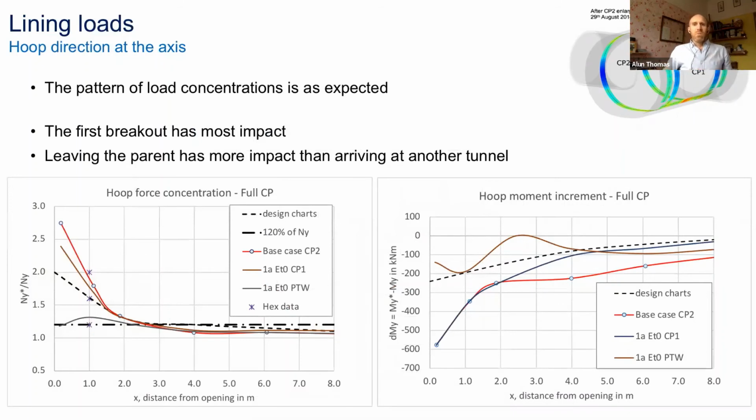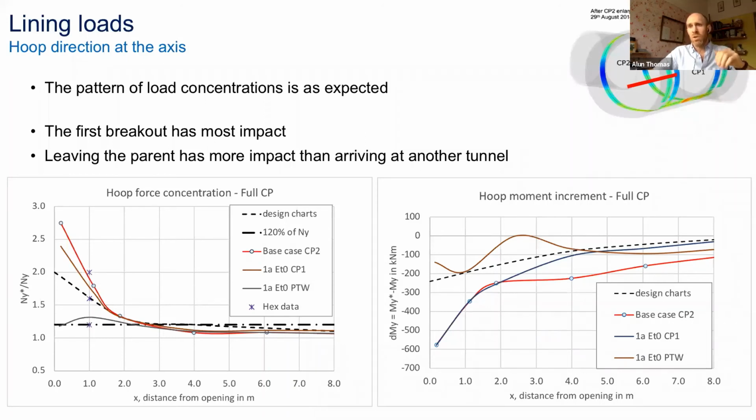So we've been looking at strains so far, which is great, but as a designer, we check loads. So from the model, of course, we can extract hoop forces or longitudinal forces and the corresponding bending moments. Now I'm going to look at a line. If you imagine a line along the axis of the tunnel from the edge of the opening, I've plotted below on the left the axial force normalized with the axial force before the openings.